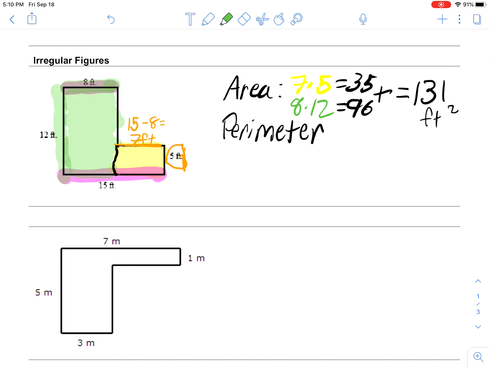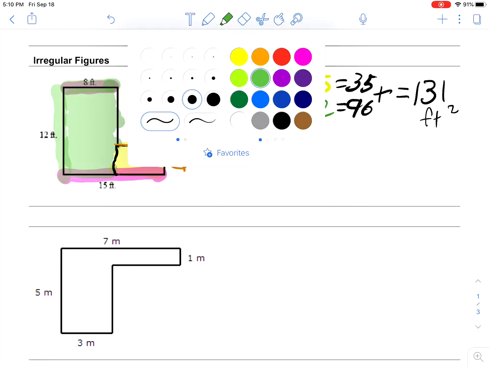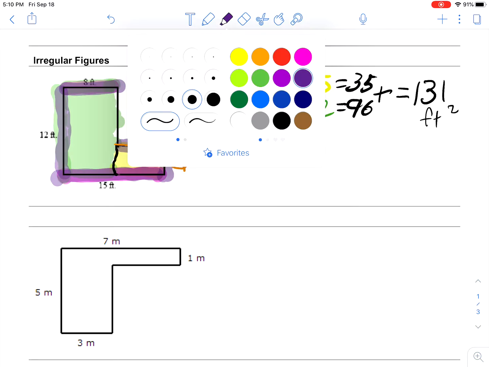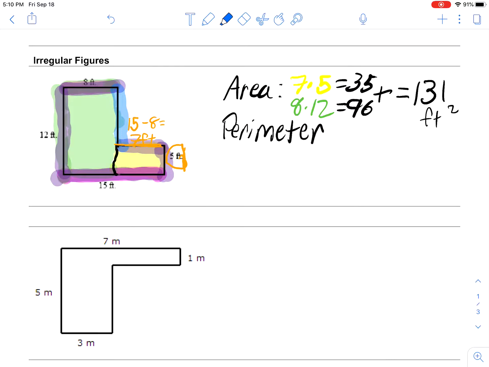Now to find perimeter, all we're going to do is find the length of each side. So I have 15, 5, 8, 12. I found out this is 7. So I just need to find the length of this mystery side that I'm going to shade blue.